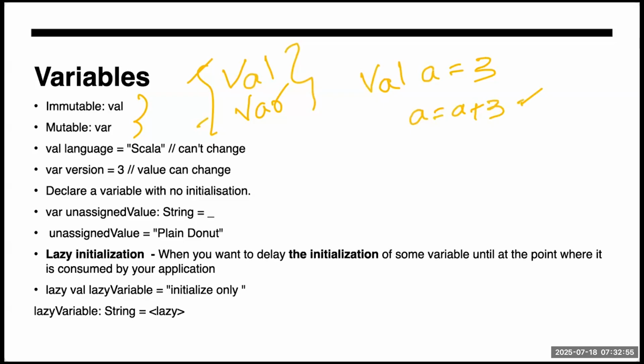But if you write the same program with var a equal to 3 and then write a equal to a plus 3, it will return the result as 6. So val is immutable, you cannot change it, but var is mutable, which you can change.